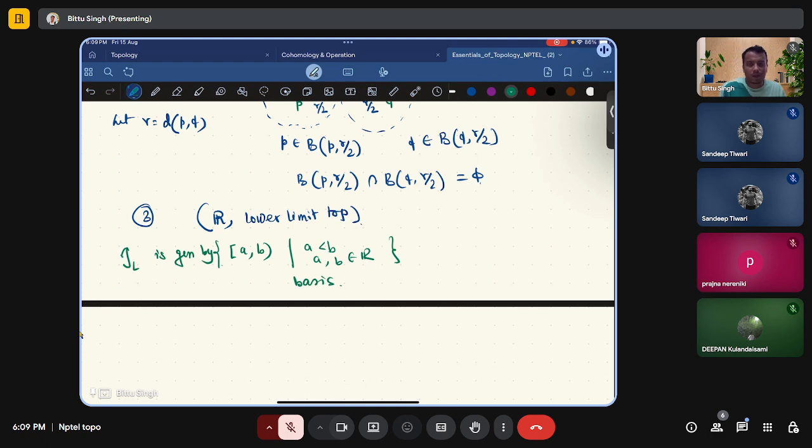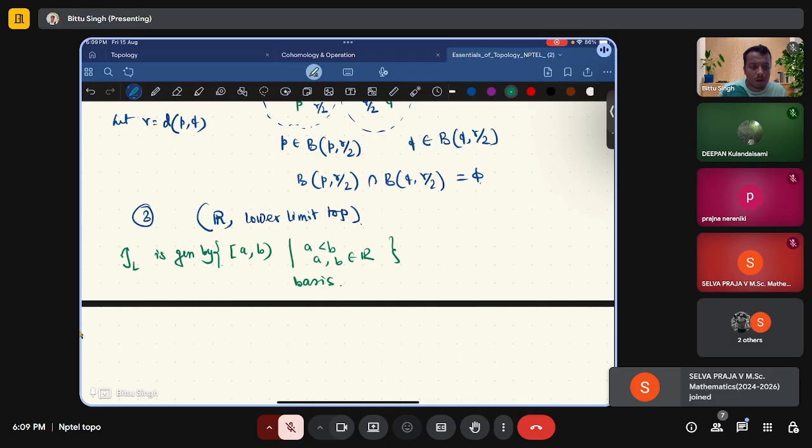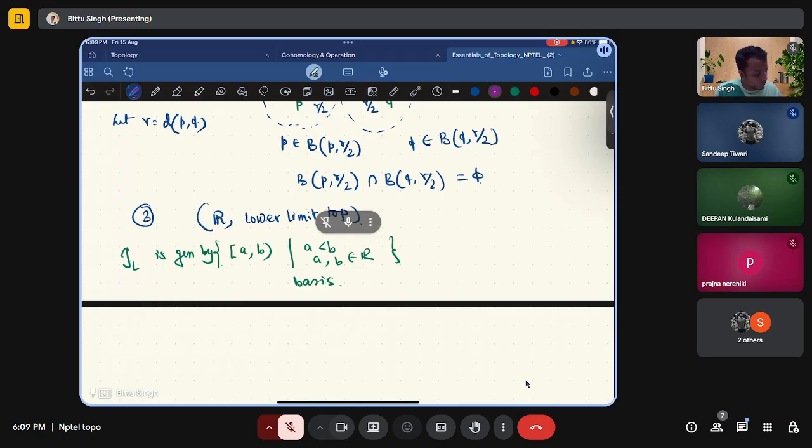Now can we see that we can always separate any 2 points in this lower limit topology? As before, we can take the same type of open sets. We already know those are also open in the lower limit topology, right?